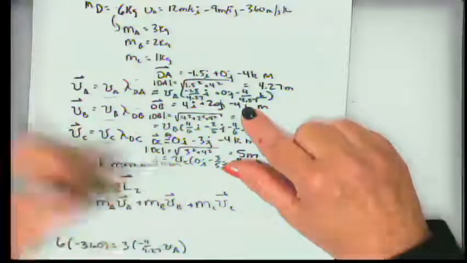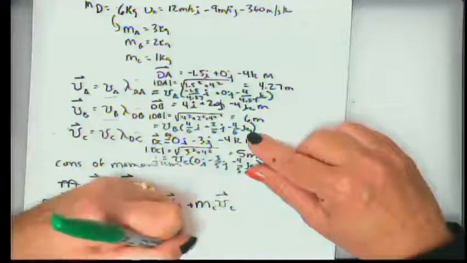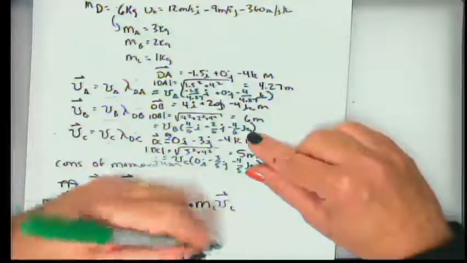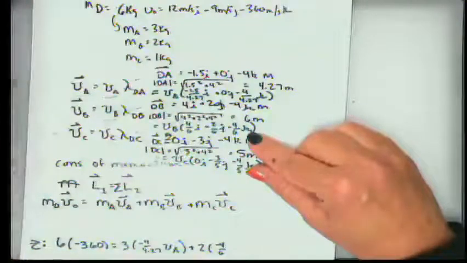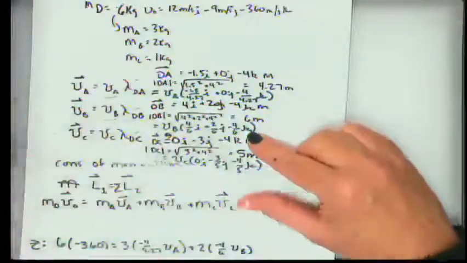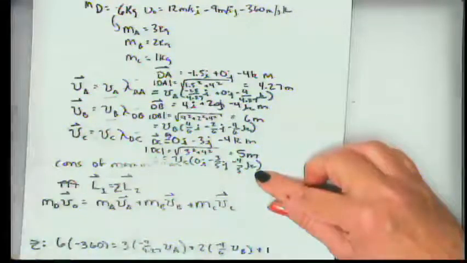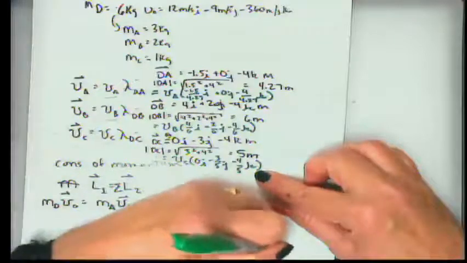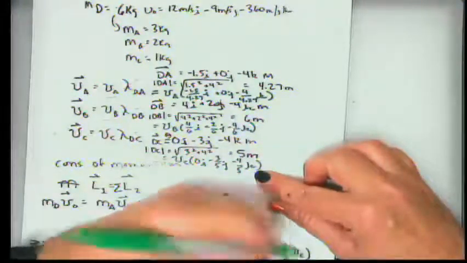Okay. And then B in the j direction, which is 2 kilograms times negative 4 over 6 V sub B. And last but not least, 1 times negative 4/5 V sub C.